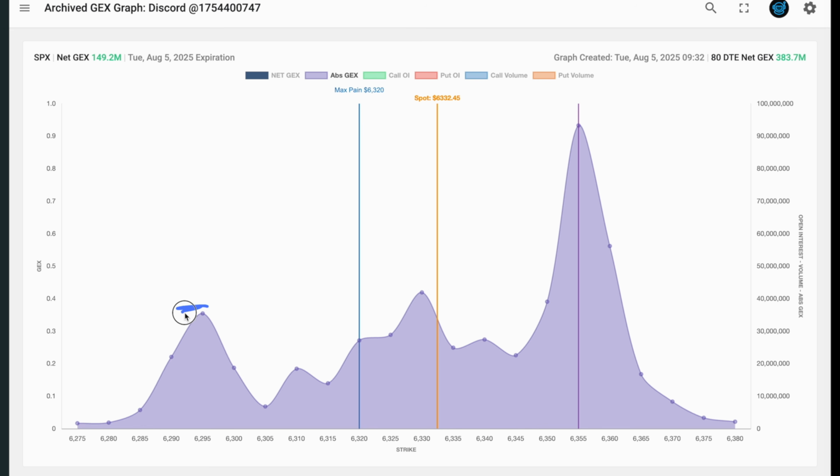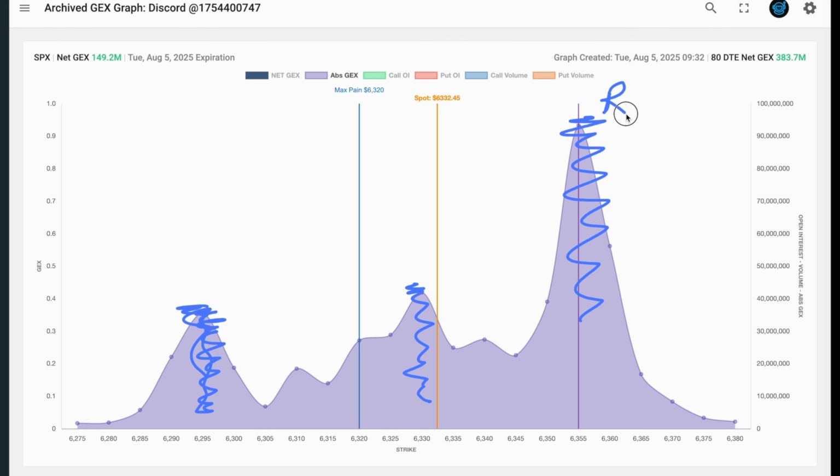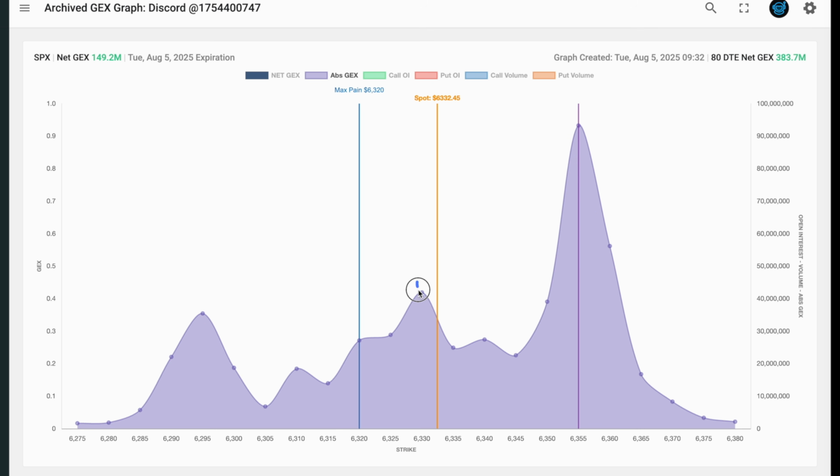In other words, we can expect price to be a little bit sticky around here. We can expect it to be a little sticky around here, and we can definitely expect it to be a little sticky around here. To a trader, this can be seen as potential resistance, and this can be seen as potential support all the way down here. This can be seen as potential support right here.